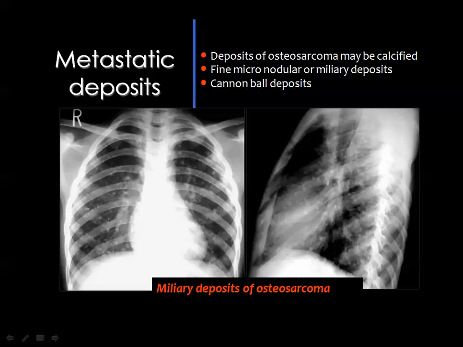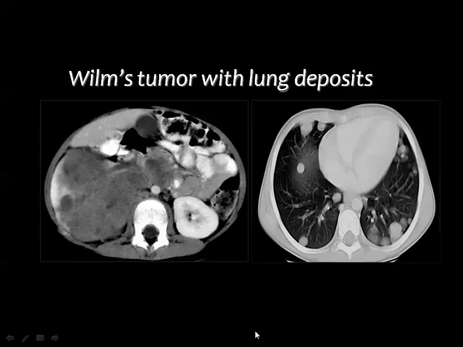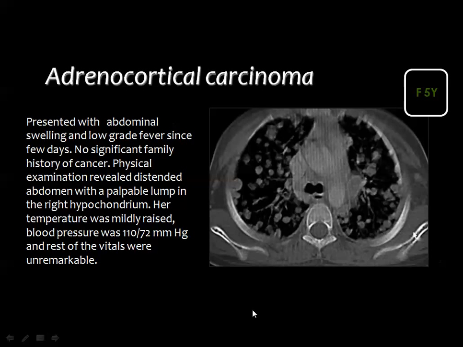Like in this case of a child with a known osteosarcoma, then you can see numerous pulmonary nodules scattered throughout both lung fields, representing metastatic deposits. And this is the case of Wilms tumor. You see a big tumor in the left kidney, and this tumor has given metastatic deposits to the lung in the form of multiple pulmonary nodules.